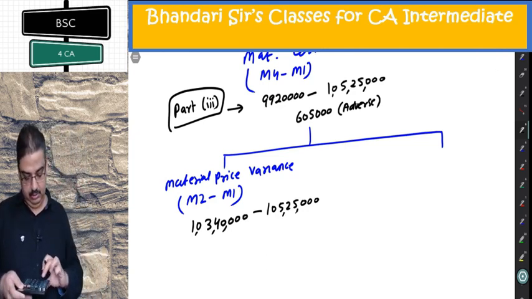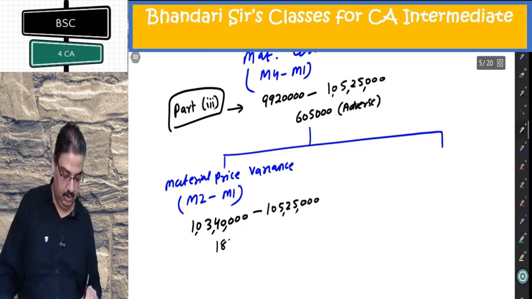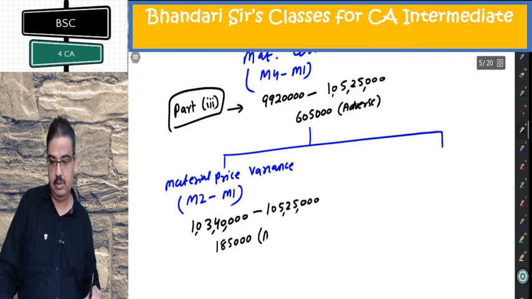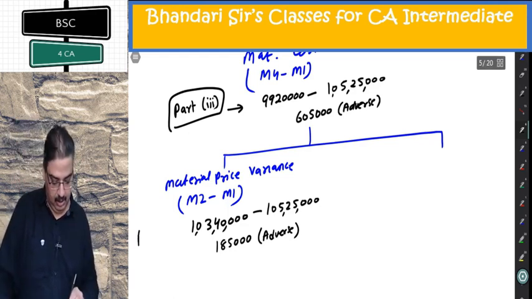So this becomes 1 lakh 85,000 adverse. This is part 2 answer.